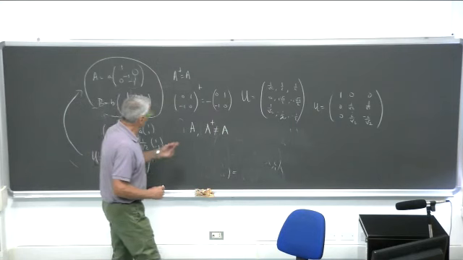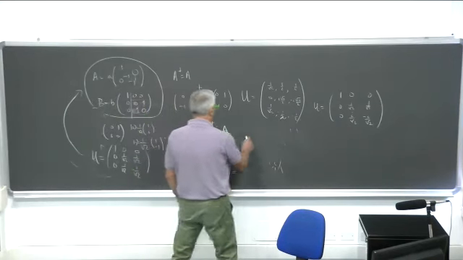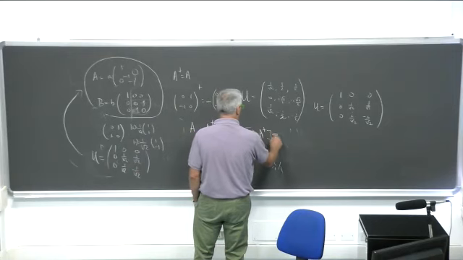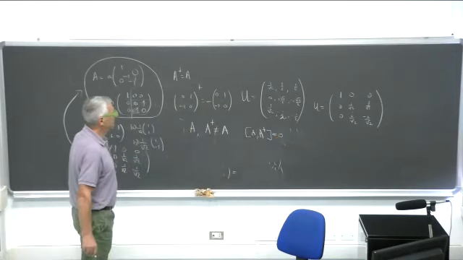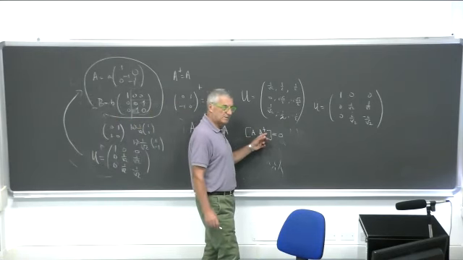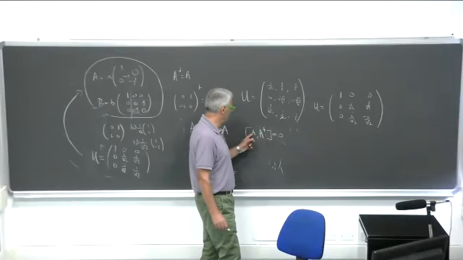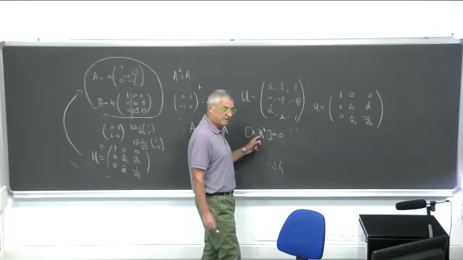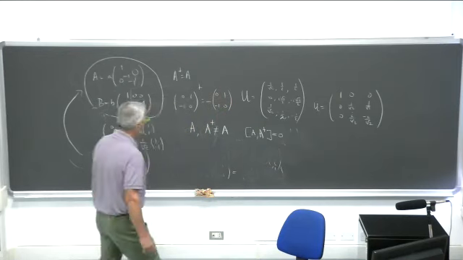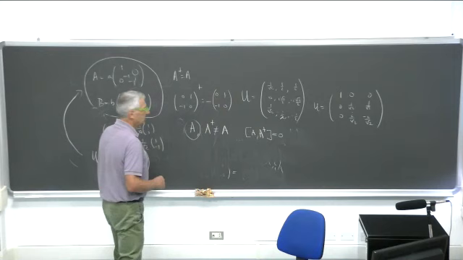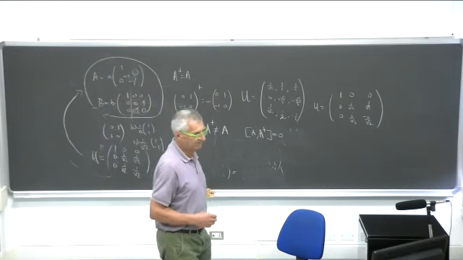Then A can be diagonalized if the commutator of A and A dagger is equal to 0. That is, if A commutes with its Hermitian conjugate. The Hermitian conjugate is not the same, but it commutes with the original operator. If this happens, then you can be sure that this operator, though it's not Hermitian, can be diagonalized.